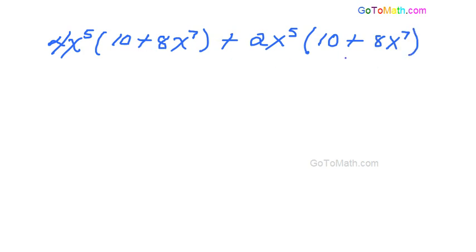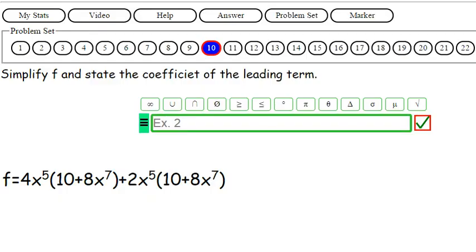Okay, so both of these are the same: 4x to the 5th and 2x to the 5th.